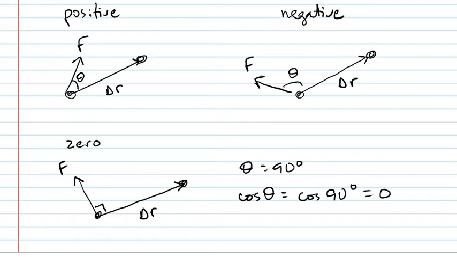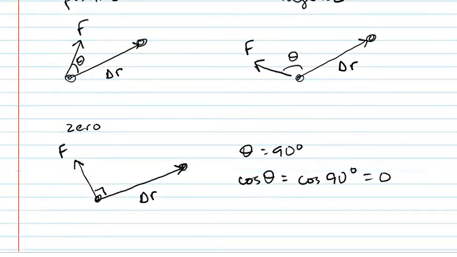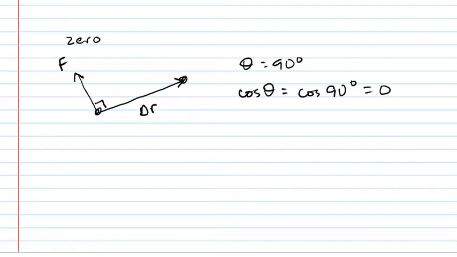So the full work formula involving that cosine is going to work out to be 0. A couple of special cases. The cosine certainly takes this into account, but it can be a shortcut to treat it this way.